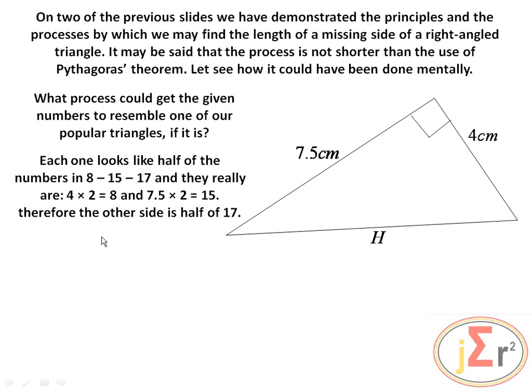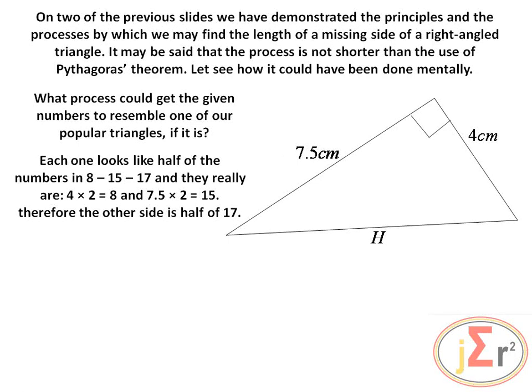What we are doing is making use of 2 things. One, our knowledge of the right angled triangles, and of course, our mathematical skills. So we are searching for one that is familiar. Of course, by looking we see 4, we see 7.5. If we multiply these by 2, we get 8, we get 15. So we could say 8, 15, 17.